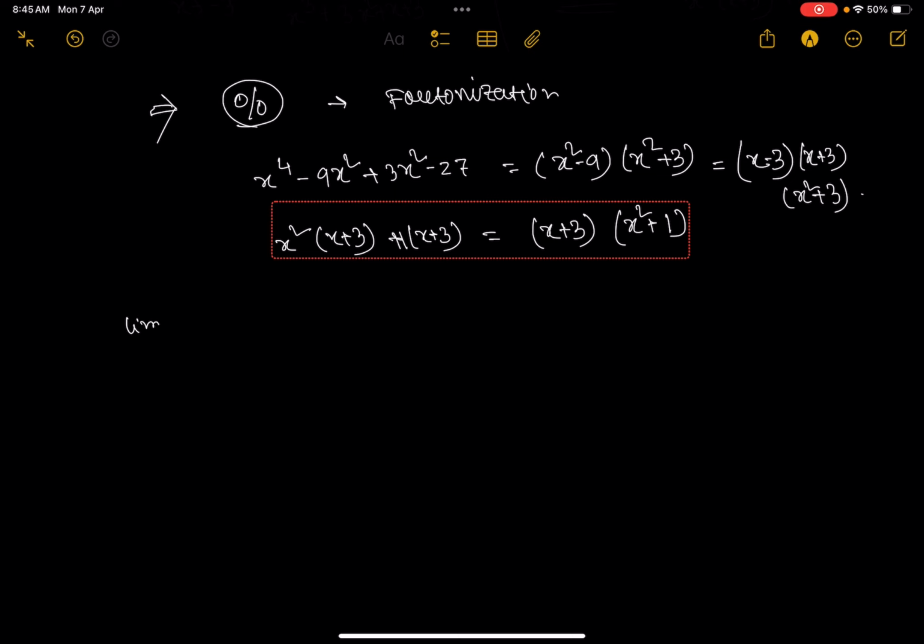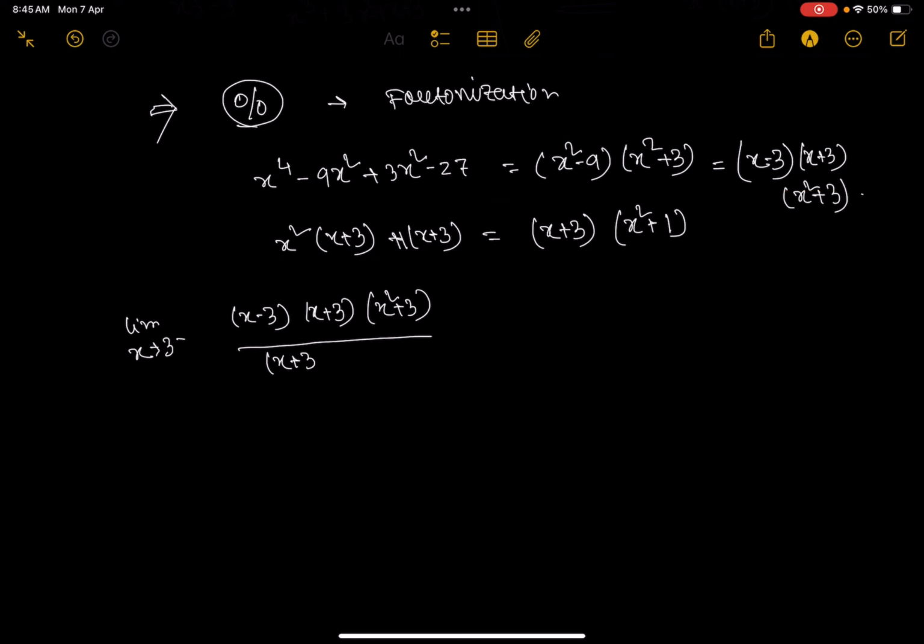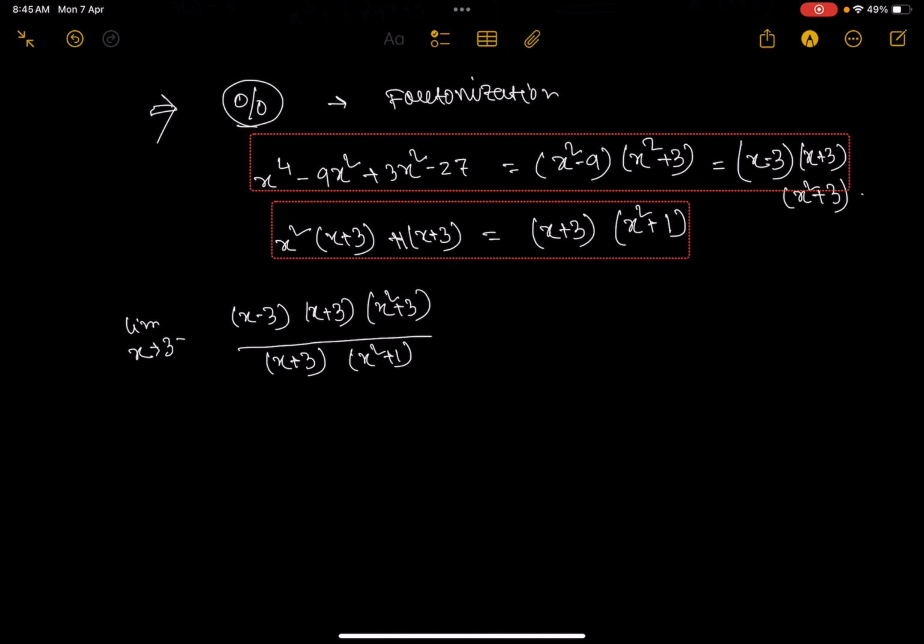So in that case, we write limit x tends to 3 minus, (x minus 3)(x plus 3)(x square plus 3) by (x plus 3)(x square plus 1).